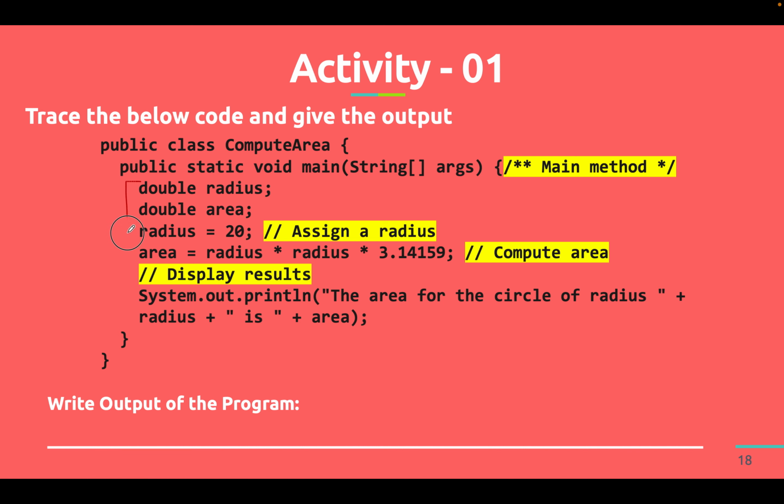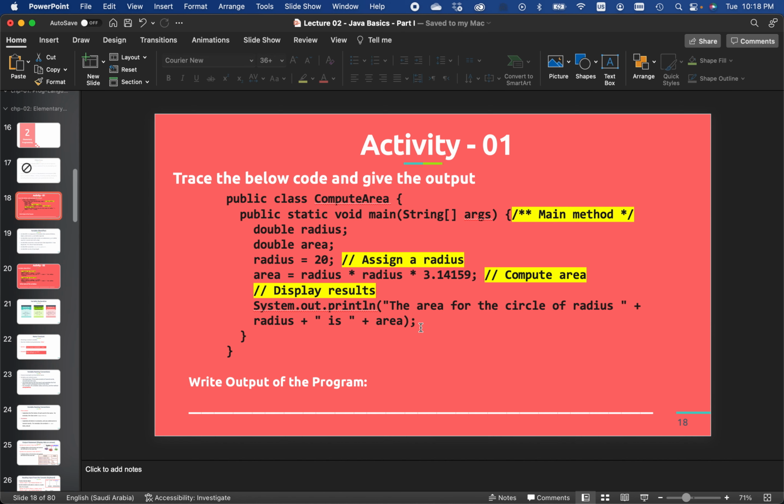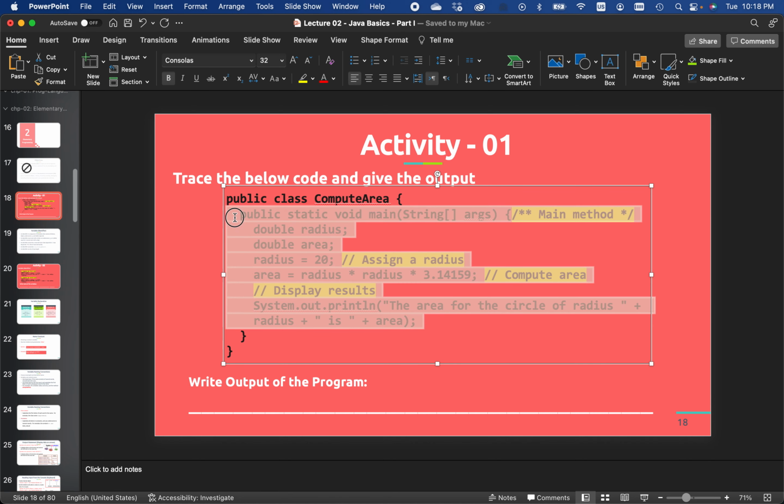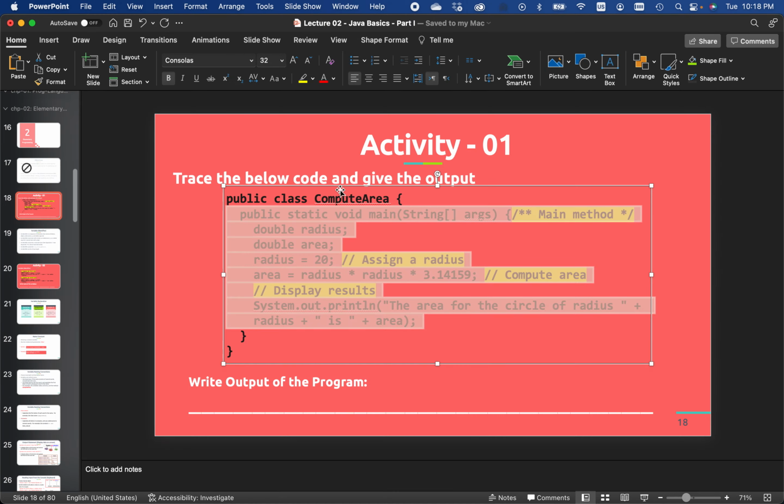So this part is exactly the same as if you would write it in C++, only this part is different. These three statements are different. So if we want to see the output, we can run this code. And if you remember, as I said, if I were to use the same name as this class, then that means I have to create a new file called ComputeArea.